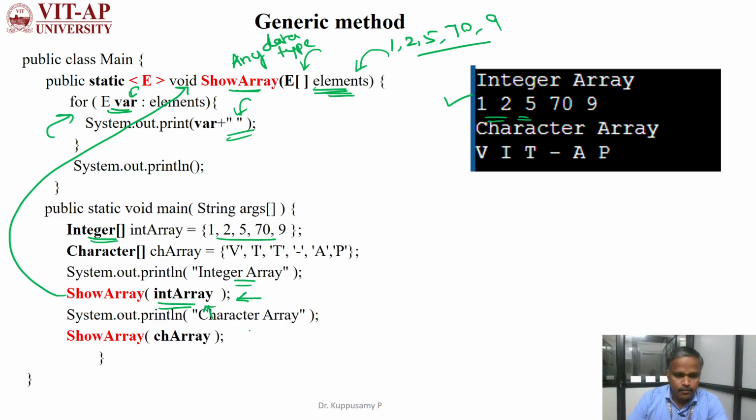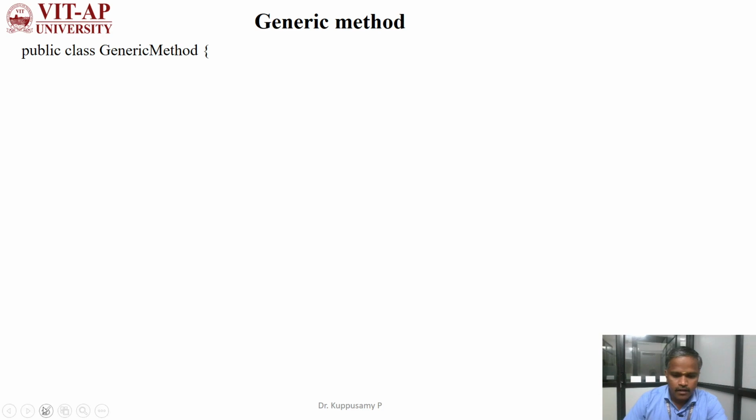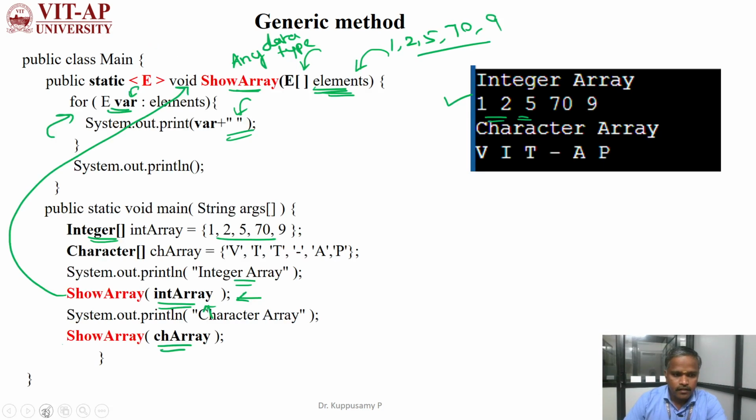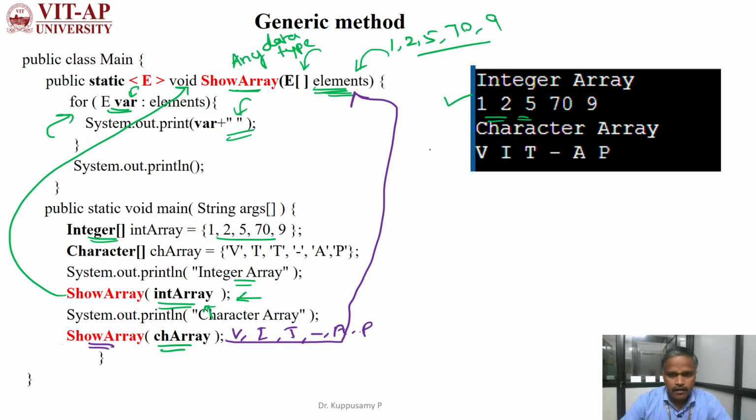Then you see I am using the same method to pass character values. Here I am calling it once again with character values. The character values are passed when this method is invoked. In this context, V, I, T, hyphen, A, P, these are the elements passed over. When we invoke the method showArray, these elements now take the character data type.